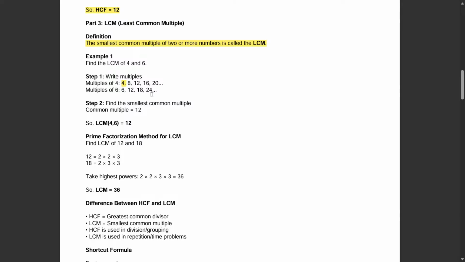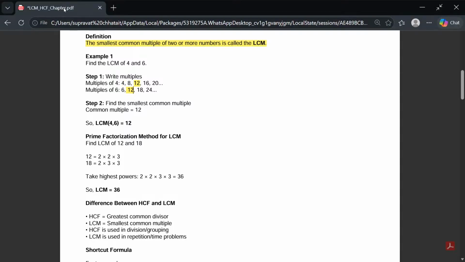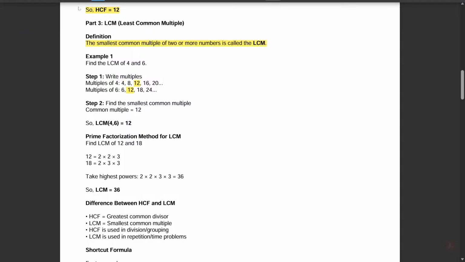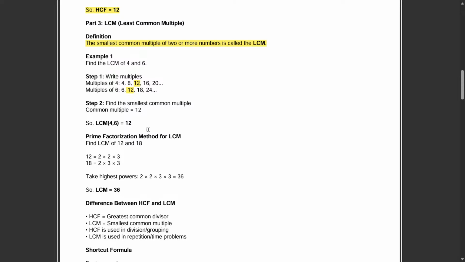So we are getting 12 as common. So the smallest common multiple will be 12. Now, LCM of 4 and 6 will be 12.